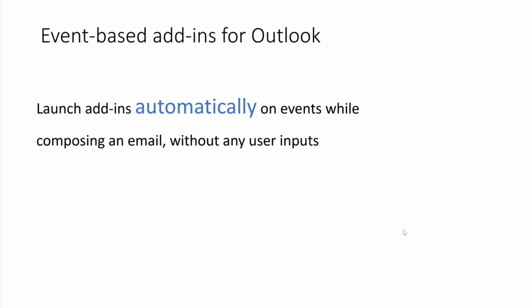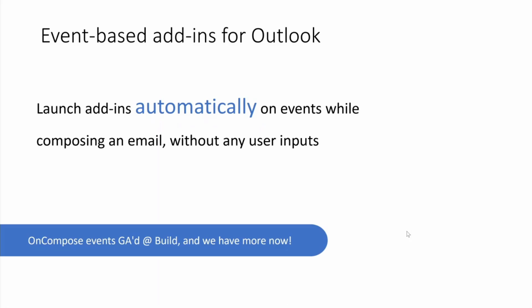This is different from the model that we used to have with task panes. You click on a button and the task pane pops up, and only when the task pane is active can your add-in interact with Outlook. In this case, you can launch your add-in automatically with certain events.